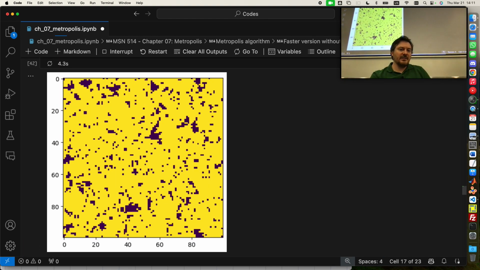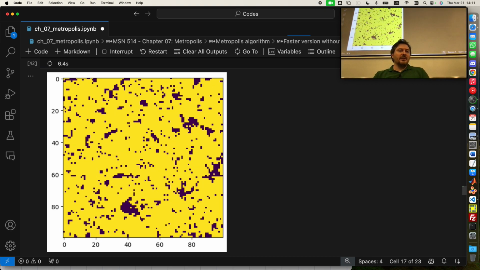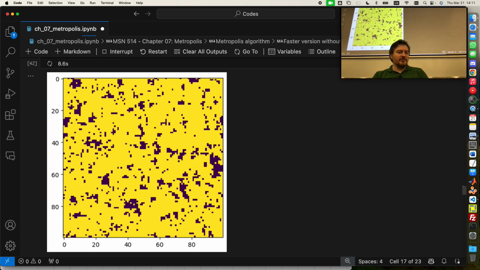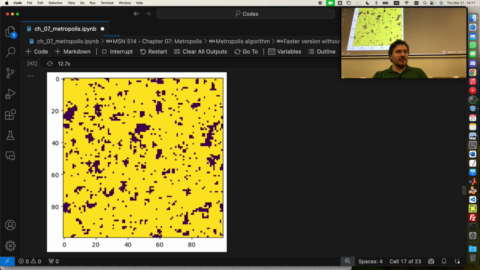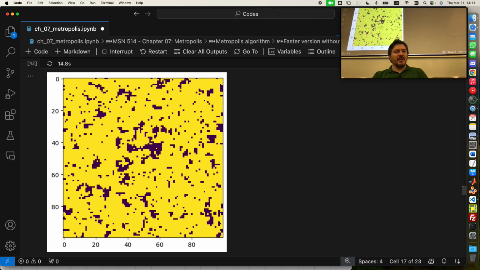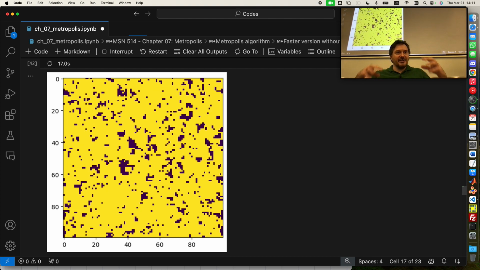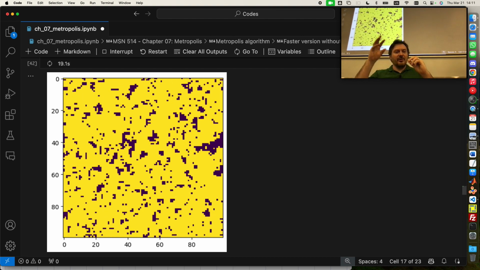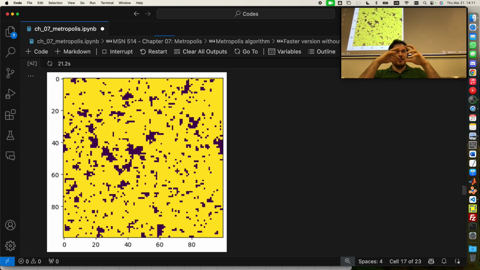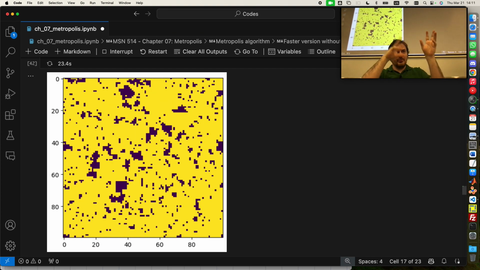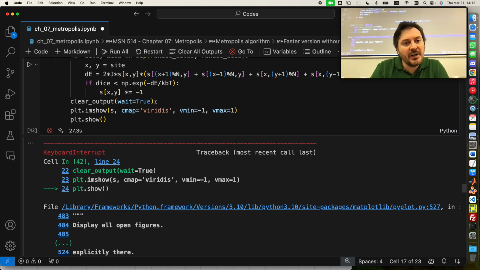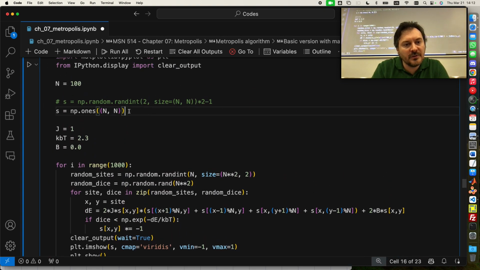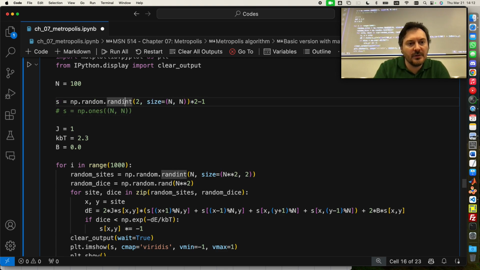And you will see that now, if we wait for long enough, the system will actually lose all its magnetization. The black islands will find each other, and the yellow islands will find each other, and it will be both together. It's better, now we are closer to disorder, so let me start from random initial conditions now.